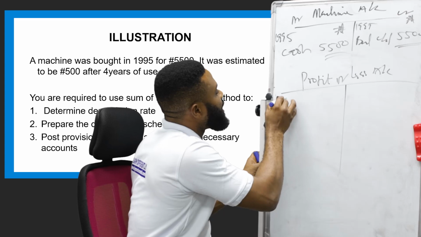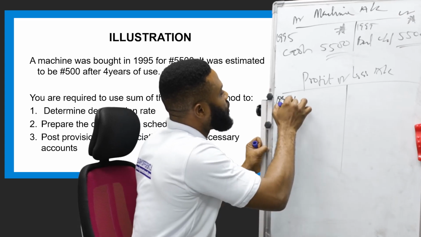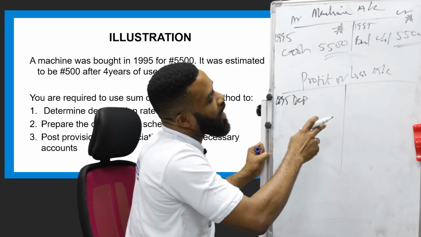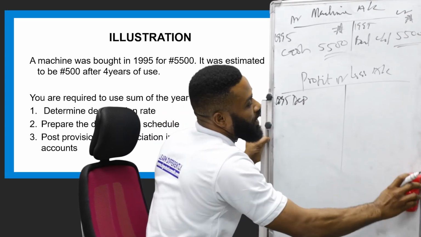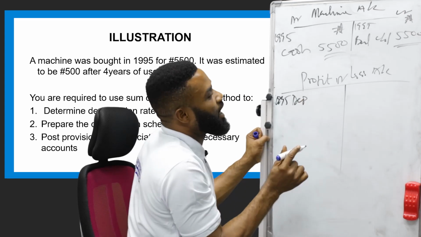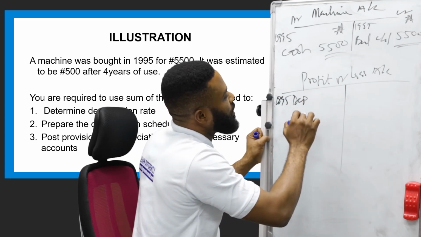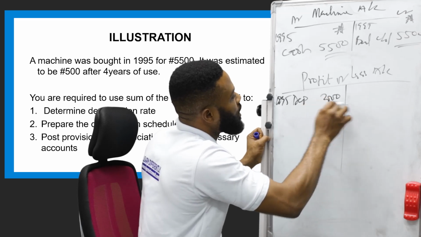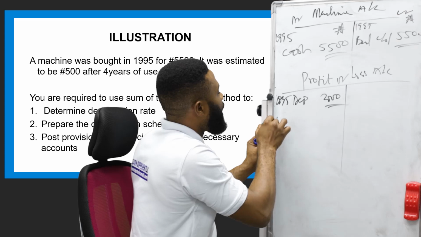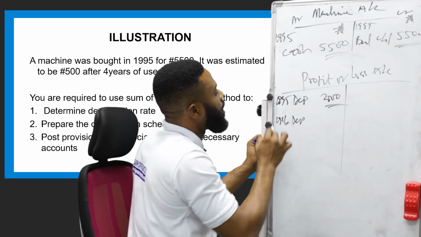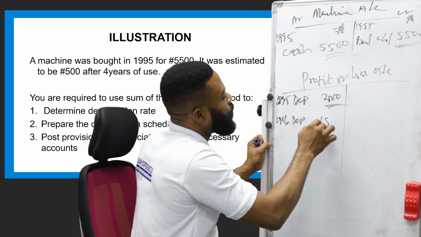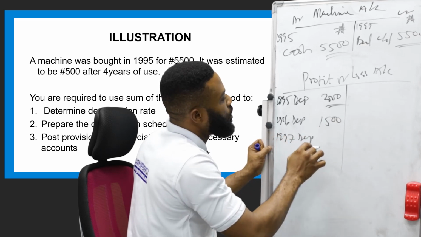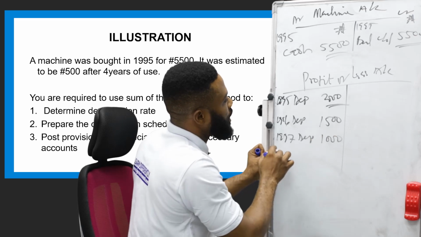So you have 1995, you have depreciation for 1995. As we calculated, the first depreciation was 2,000. The second one, 1996, depreciation was 1,500. For 1997, depreciation was 1,000.